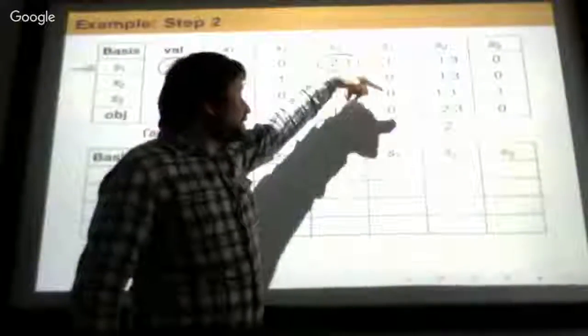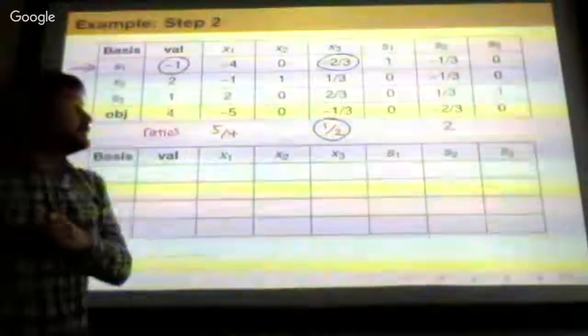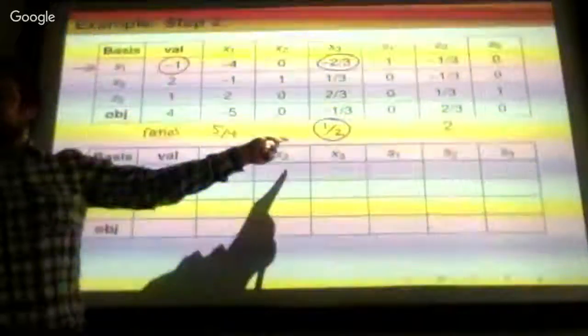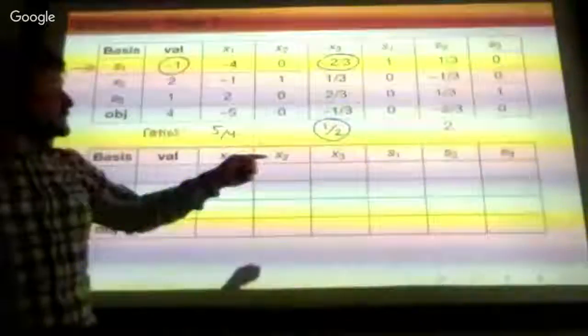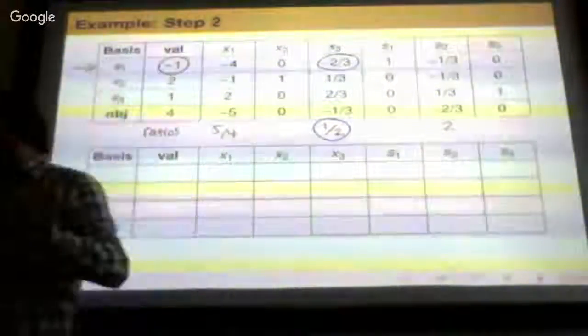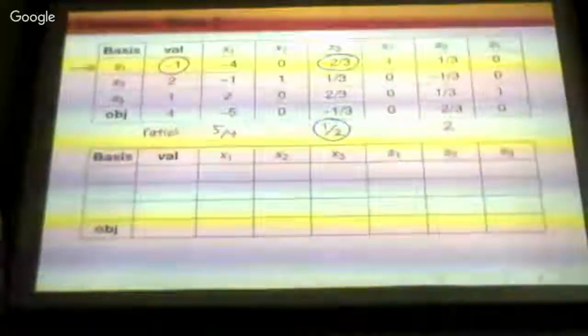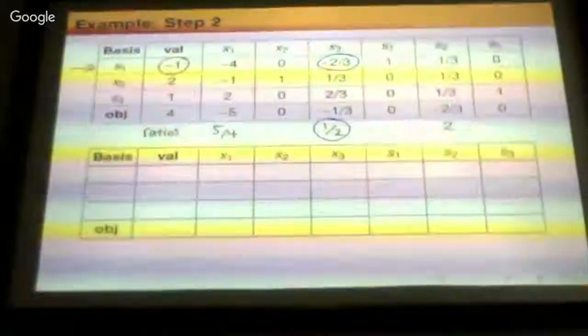And here it's 1, so I don't even do the 0 divided by 1. Otherwise, if I got one of the ratios to be 0, I would have to take that 0. I wouldn't really have to, but it would be advisable. So for your purposes, you would have to. And we get with this 1/2.